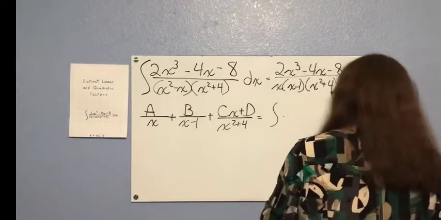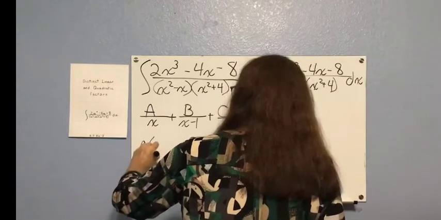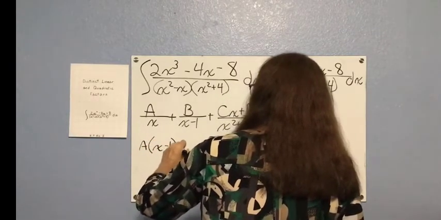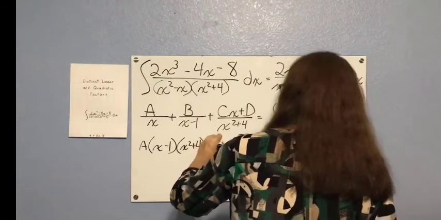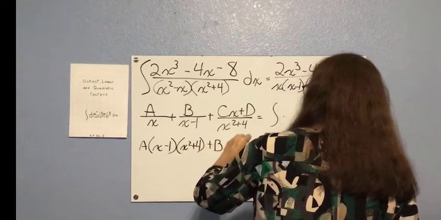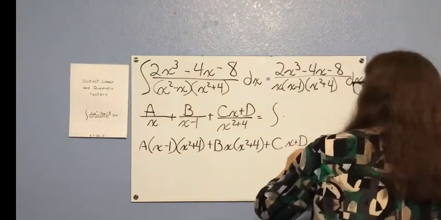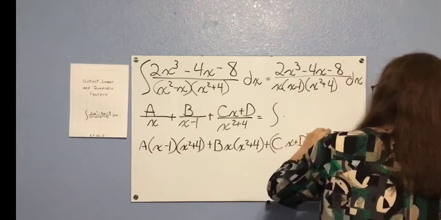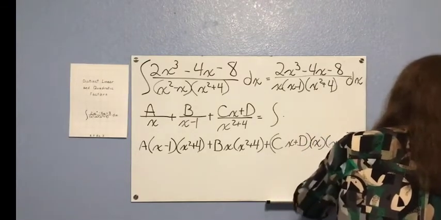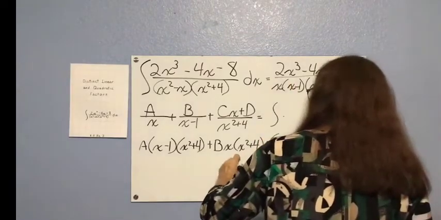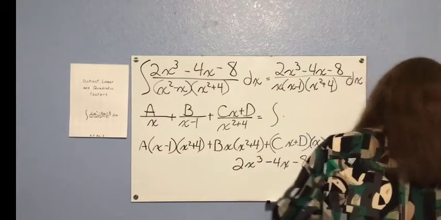But let's multiply by the least common denominator, which will give me a times x minus 1 times x squared plus 4, plus b x times x squared plus 4, plus cx plus d times x plus 1, and all of that equals my numerator, 2x cubed minus 4x minus 8.